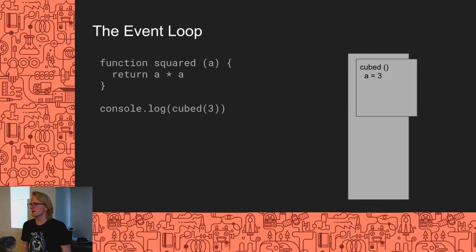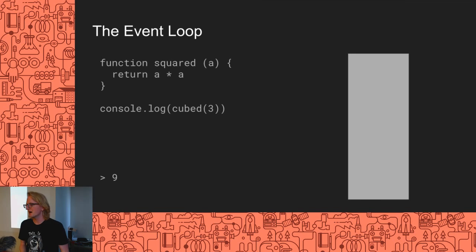So if you've just called one function, here you have cubed on the stack, and the variable is 3. It was called with 3 over there. If anyone has any questions at any time, feel free to stop me. I'm happy to answer them. Whenever a function returns, its frame goes off of the stack.